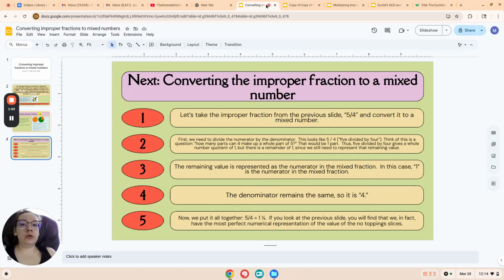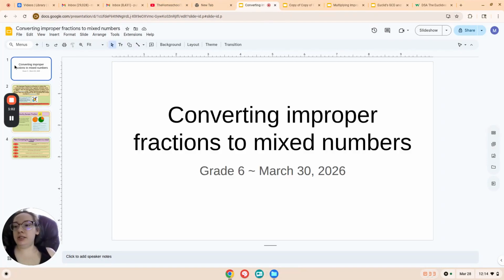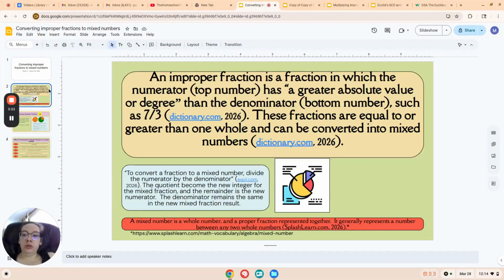Okay, so let's begin at the top. Converting improper fractions to mixed numbers. There is a very thorough definition from dictionary.com on what an improper fraction is.